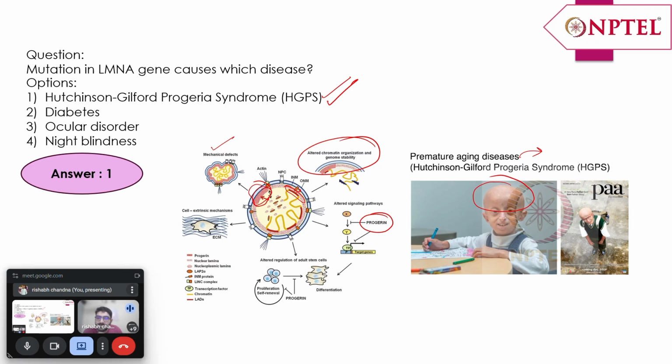So this progerin inhibits or alters various signaling pathways also, and it will also alter the regulation of the stem cells. So this is how, from mutation of a single gene, there would be multiple defects seen in case of the mutation of the lamin A gene.